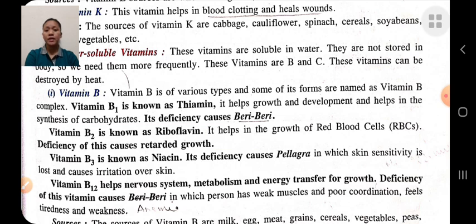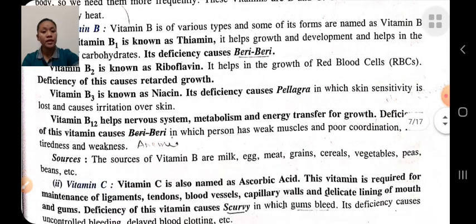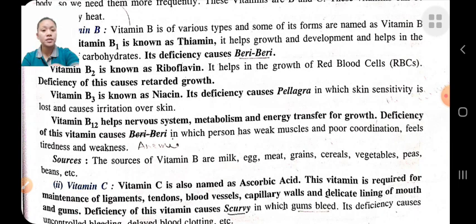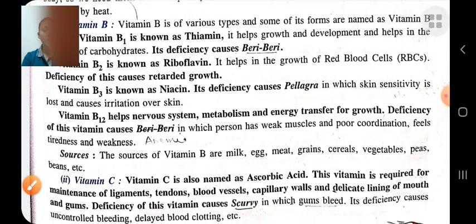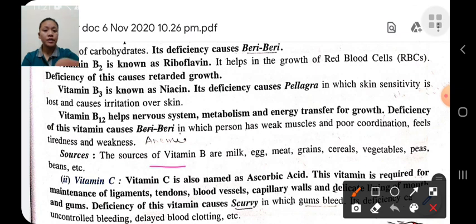Next is vitamin B12. Vitamin B12 helps the nervous system, metabolism and energy transfer for growth. Deficiency of vitamin B12 causes anemia, not beriberi.